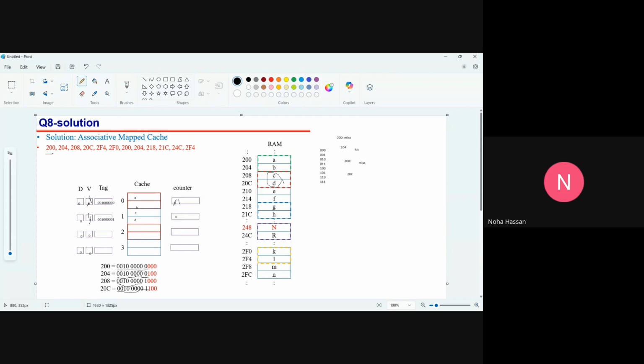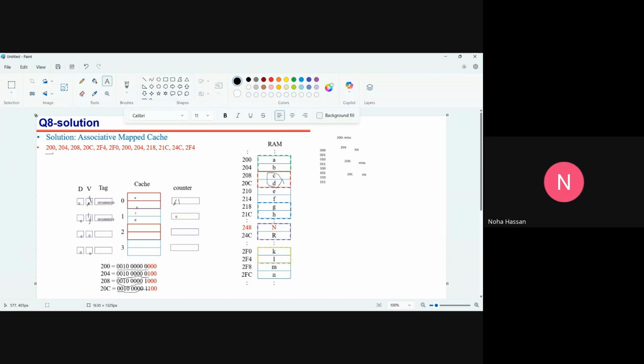So it is a hit. So this was a hit, and for the counter, it doesn't change because this is the most recently used.